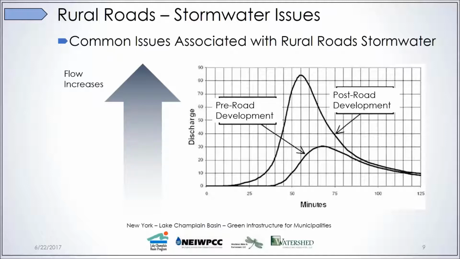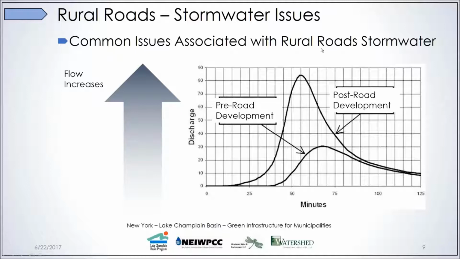Now all that water is going to hit that road, and it's going to get conveyed into the nearest downstream or lowest point, so probably a small tributary. It's really going to increase the flow in that stream. That's going to cause a lot of changes there. It's going to start scouring the stream bed. It's going to start making the stream move side to side, so stream geomorphology changes.